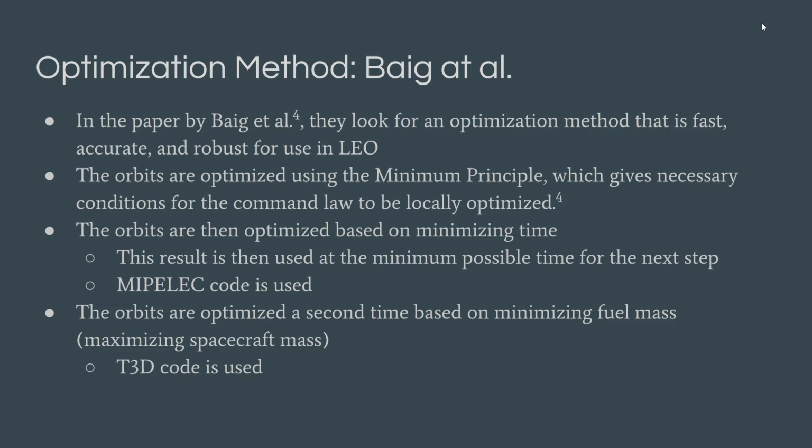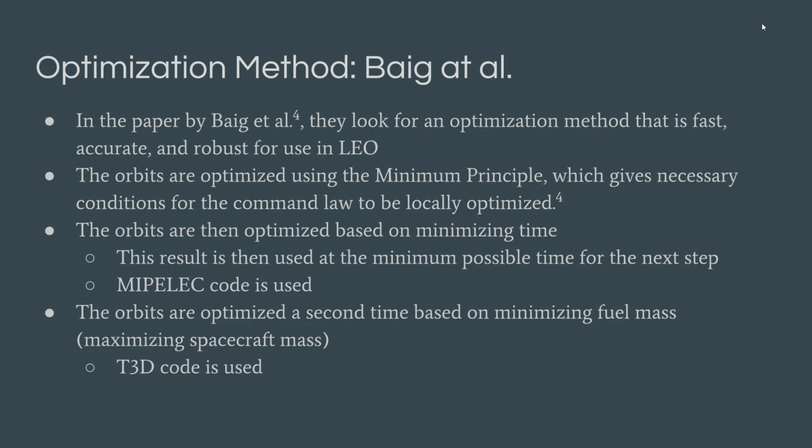So for the Begg article, they look for an optimization method that is fast, accurate, and robust for LEO orbits. The orbits are optimized using a minimum principle, which gives necessary conditions for the command law to be locally optimized.